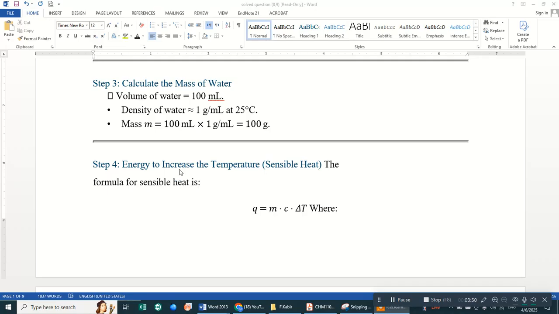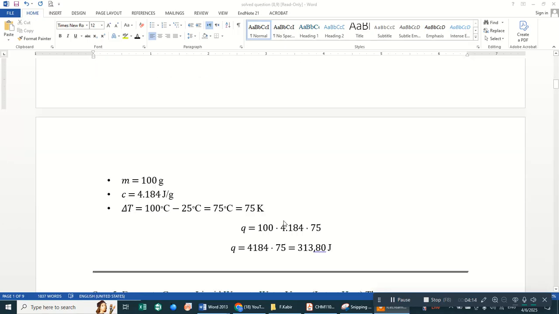Next, we calculate the energy or heat, in other words the sensible heat, which is used to increase the temperature. The formula for this calculation is Q = mc delta T. M is the mass of the liquid, C is the specific heat, and delta T is the change in temperature from 25 to 100 Celsius.